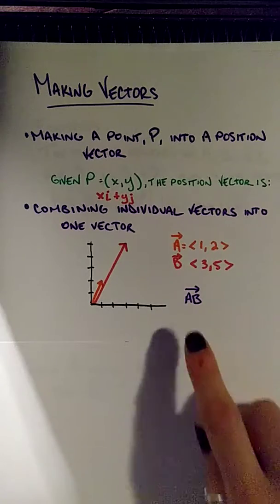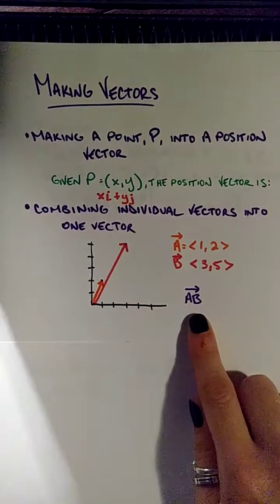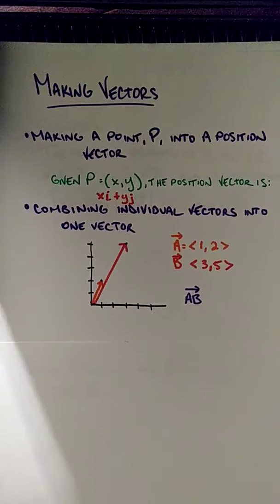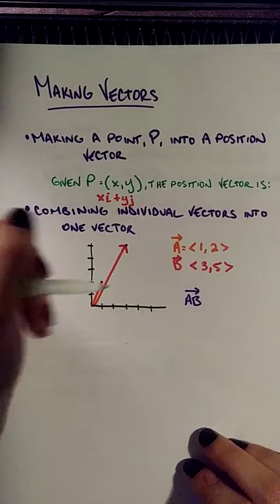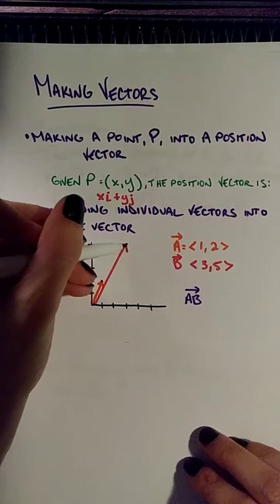And vector AB is measured from the tip of vector A to the tip of vector B. I want to find out what that new vector is. The way that I have to calculate that is kind of unique. I have to start at the tip of vector A and figure out how far over I have to go to get to line up with vector B's endpoint.